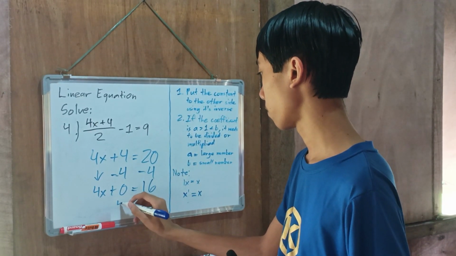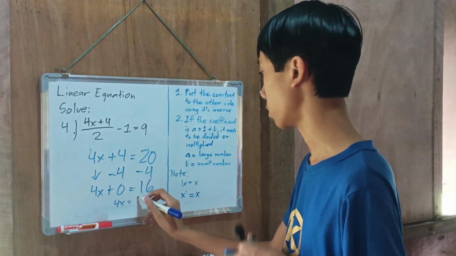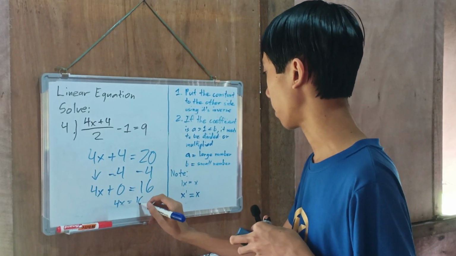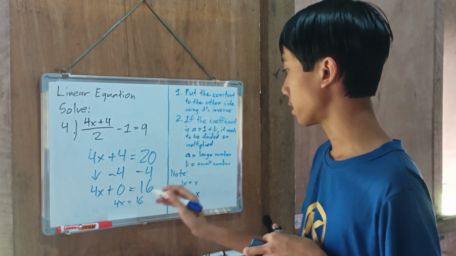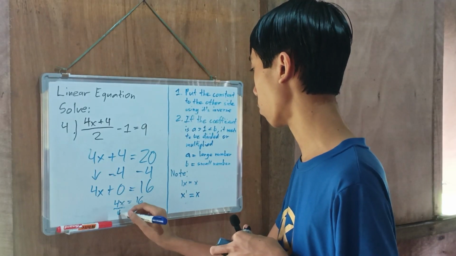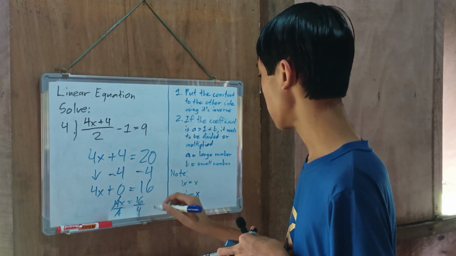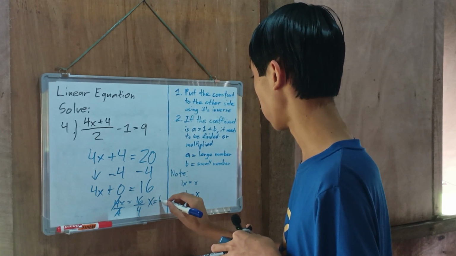It's still the same thing. I'm just gonna shortcut it because it's wasting my board. So 4x equals 16. We're gonna divide both sides by its coefficient, which is 4, which means that x equals 4.